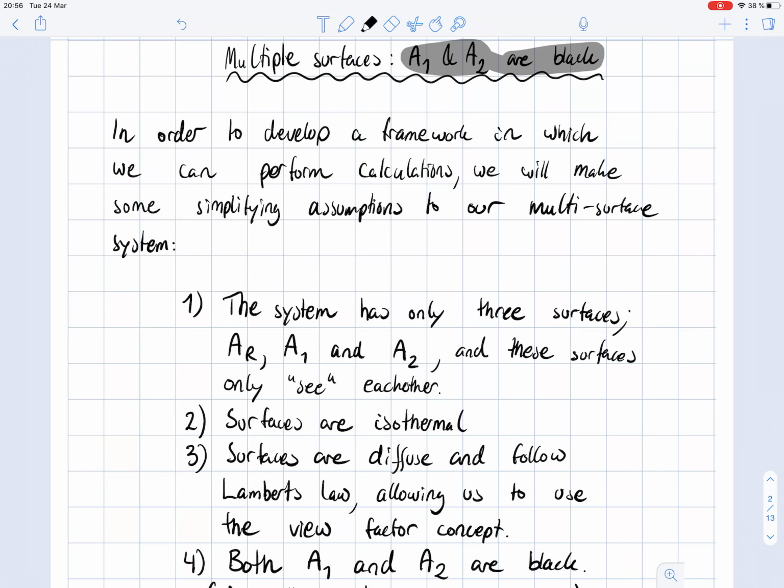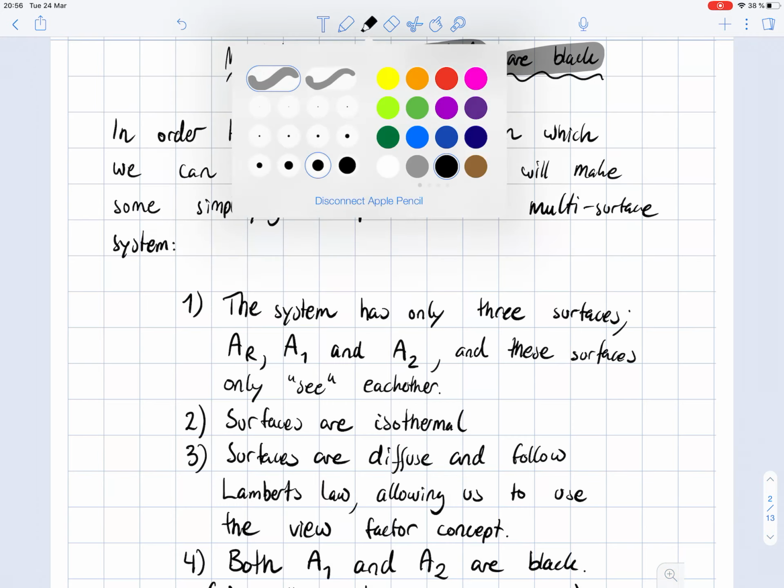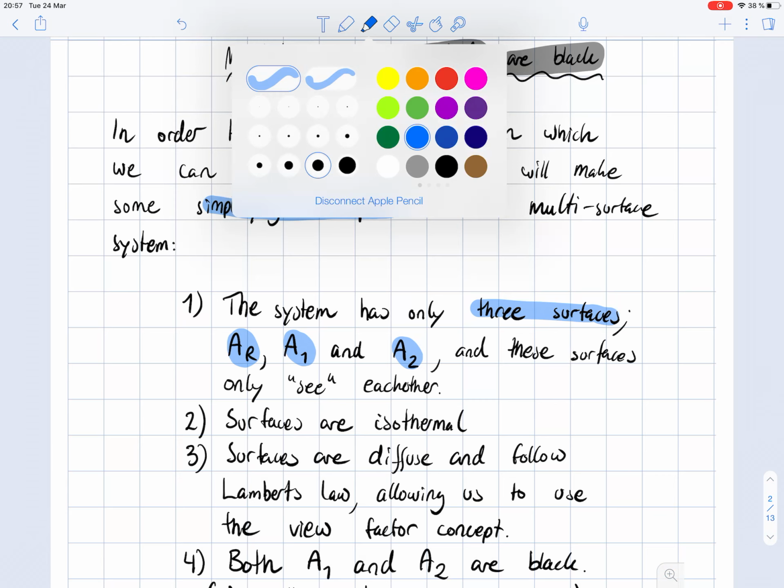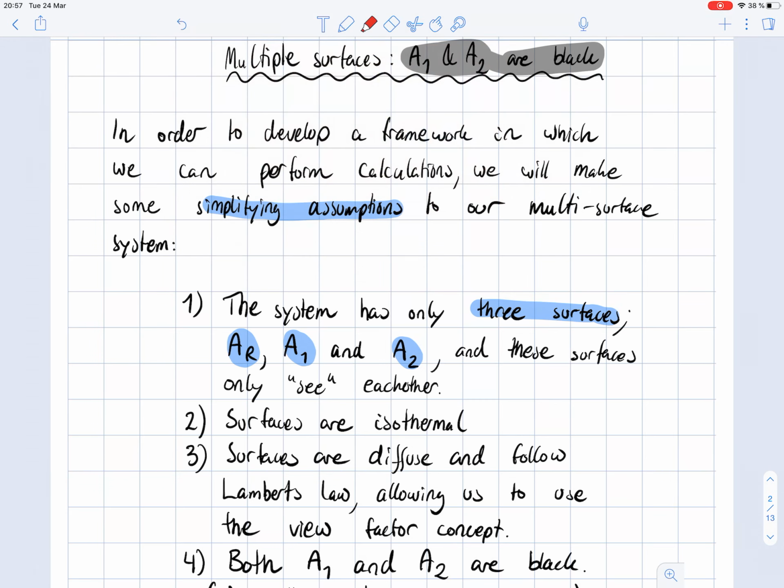So we will introduce a few simplifying assumptions. First one is that we only have three surfaces. Surfaces are AR, which is refractory, which is adiabatic, A1, the hot surface, A2, the cold surface. And all of these surfaces only see each other.